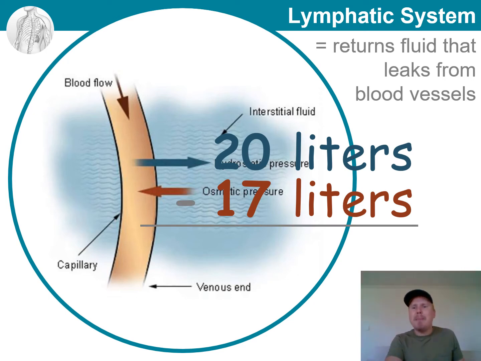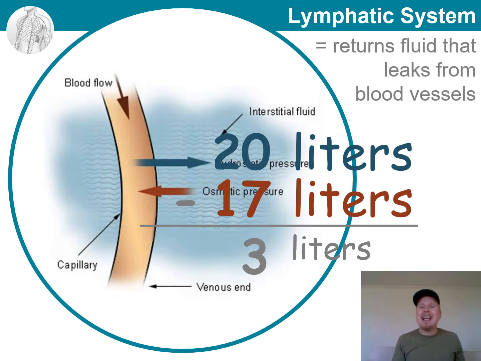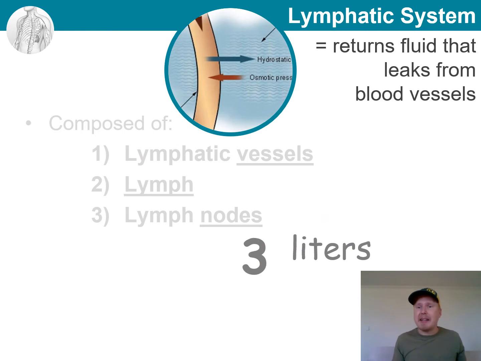So a simple math exercise shows us that the remaining 3 liters becomes interstitial fluid, which is left in this space. And it is these 3 liters of fluid that the lymphatic system deals with, picking it up from this space, taking it into the lymphatic vessels, and returning it back to the blood vessels of the cardiovascular system.